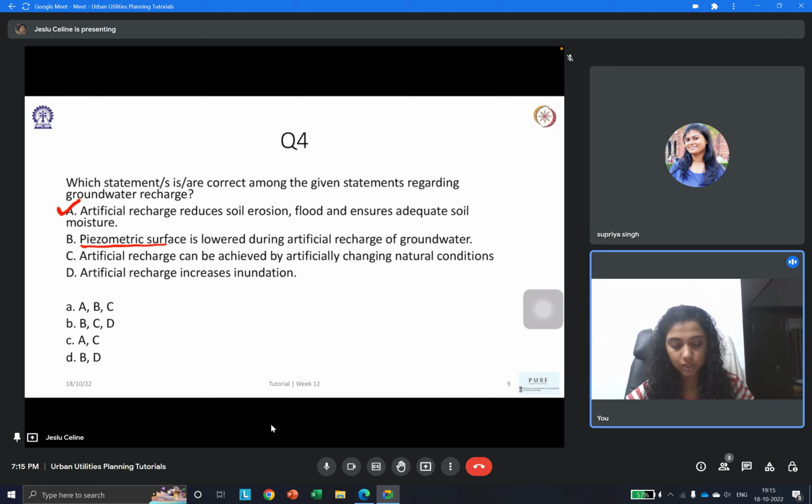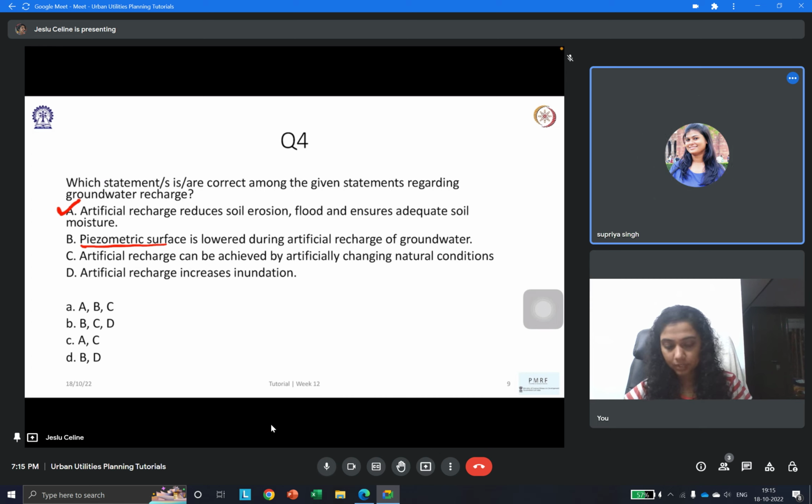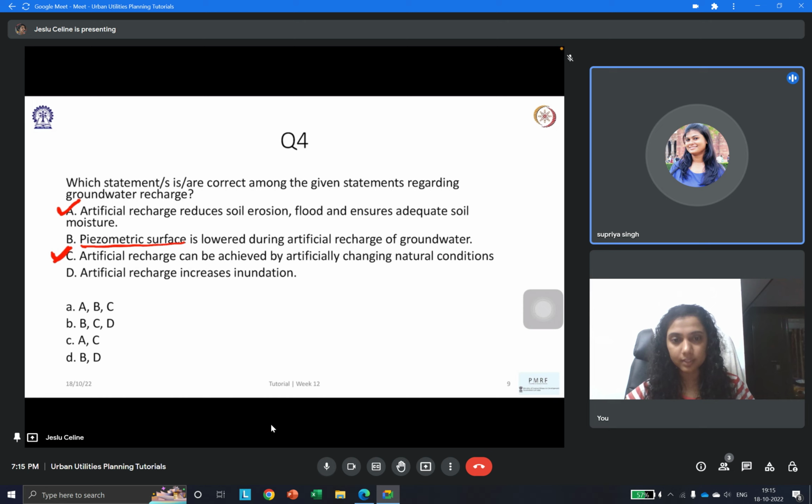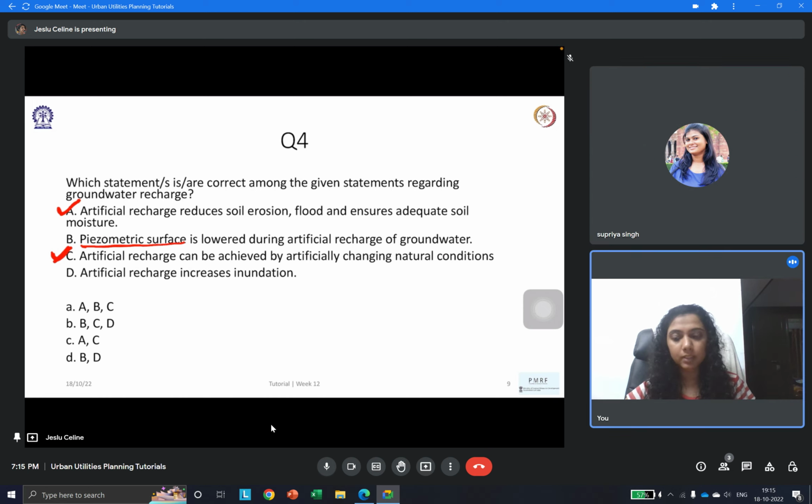Option C, artificial recharge can be achieved by artificially changing natural conditions. Is that right? Yeah, correct. That is what we are doing. Because natural conditions are not adequate enough to recharge, we are using some artificial methods, but the whole process is the same thing. You are recharging water, or putting more water into the subsoil.